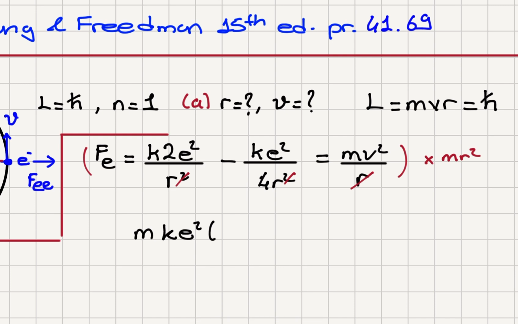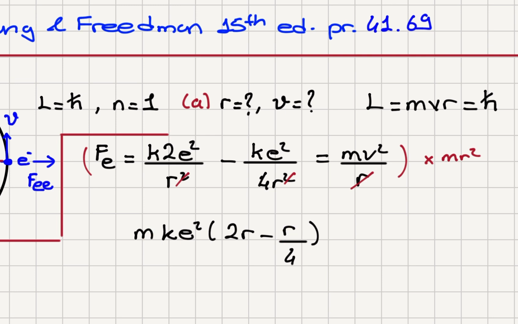Well, it's 2r squared divided by r, so that's 2r. And then for the next term, I have minus r over 4. So you can see 2ke squared over r multiplied by mr squared gives me 2ke squared mr. Ke squared over minus 4r multiplied by mr squared gives me mke squared r over 4.